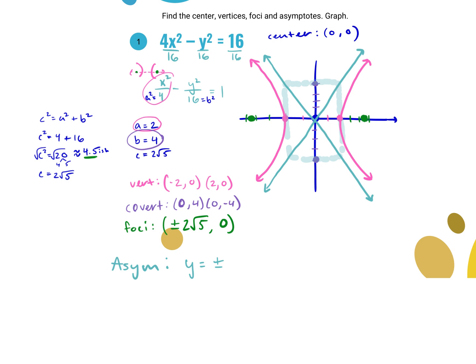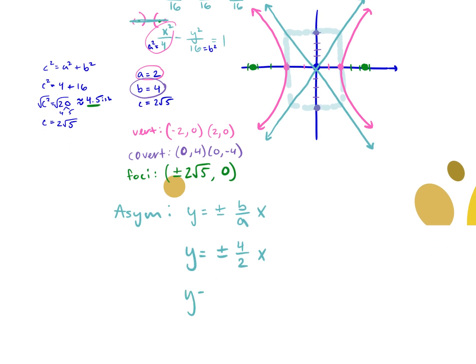Because it's a horizontal transverse axis, horizontal is b over a times x. So y equals plus or minus, our b is 4 over a, which is 2 times x. So y equals plus or minus 2x. So this would be our equation for the asymptotes.